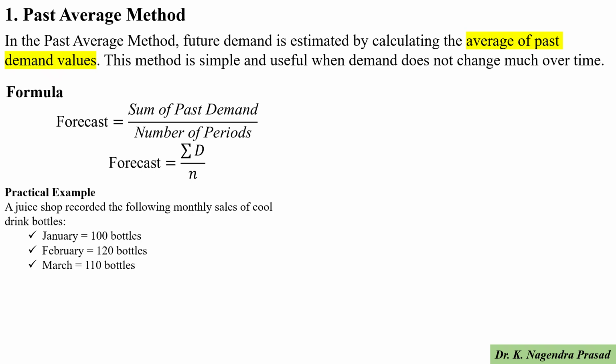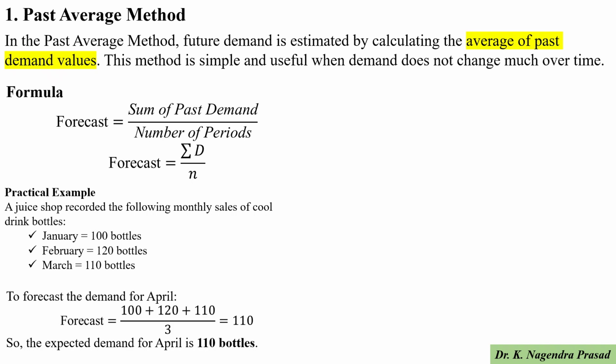So let's consider one small example. A juice shop recorded the following monthly sales of cool drink bottles. In January, 100 bottles sold, in February, 120 bottles, and in March, 110 bottles.